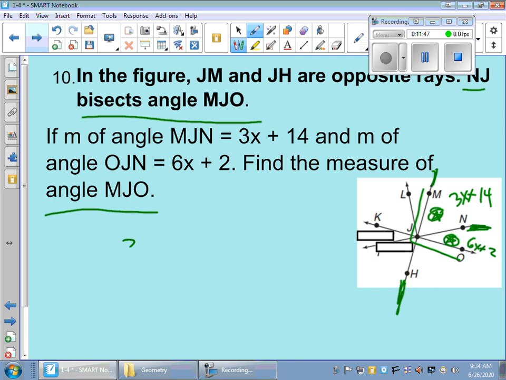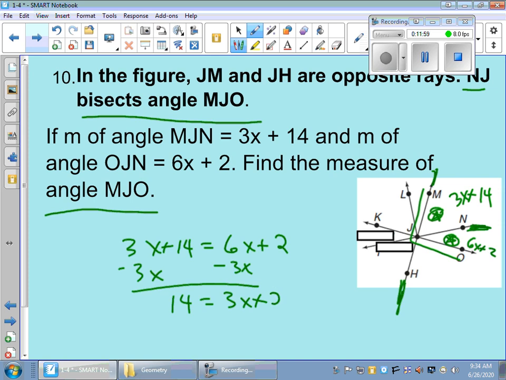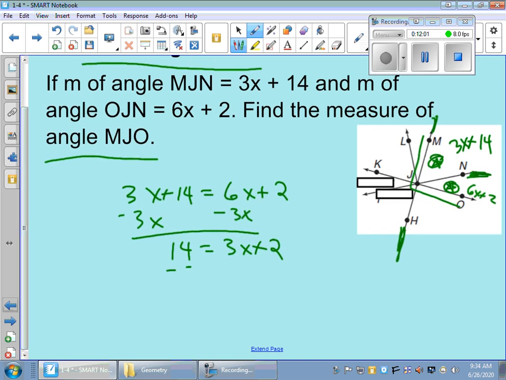Set those two equal to each other: 3x plus 14 equals 6x plus 2. Subtract 3x, 14 equals 3x plus 2. Subtract the 2, so we have 12 equals 3x. Divide by 3. We find that x equals 4.